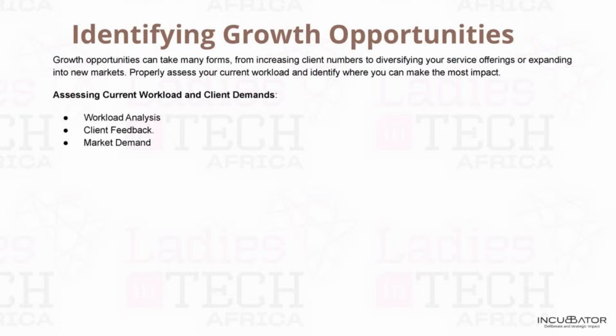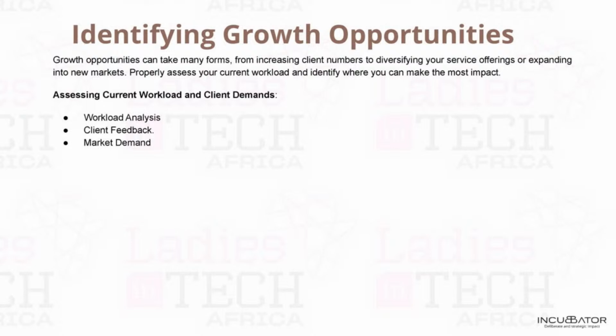Okay, so first you need to do your workload analysis. You break down how you're currently spending your time, and then you identify repetitive, time-consuming tasks that can be outsourced to another virtual assistant.